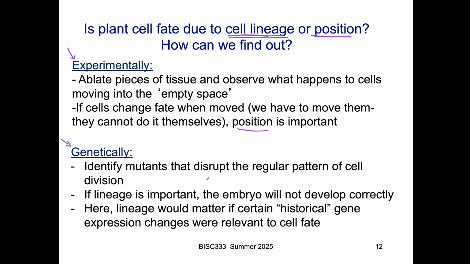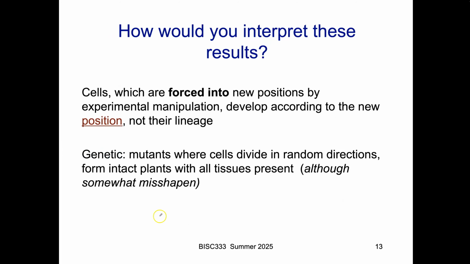So if you mess up the pattern of cell division, with random cell divisions and one cell dividing way more times and the planes of division all messed up, then if cell lineage is what really matters, you would expect a horrifyingly chaotic embryo, right? So lineage would matter in this case. Here are the results, and I'm going to go over them in the class. There are two, the ablation one.